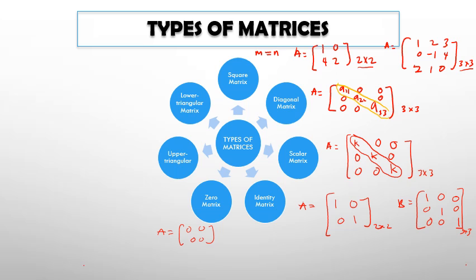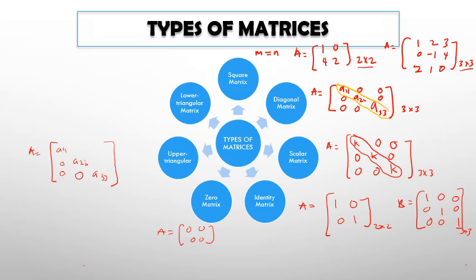Upper triangular matrix. Upper triangular means the elements below the diagonal are zeros. So we have the diagonal A11, A22, A33, and the elements below the diagonal must be zeros.